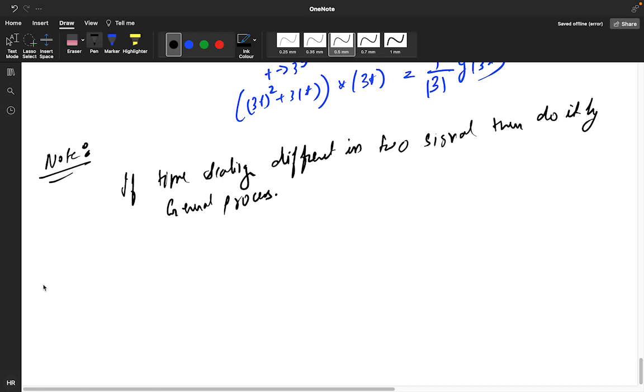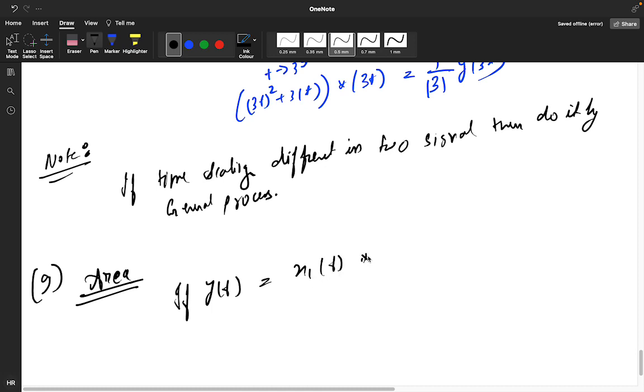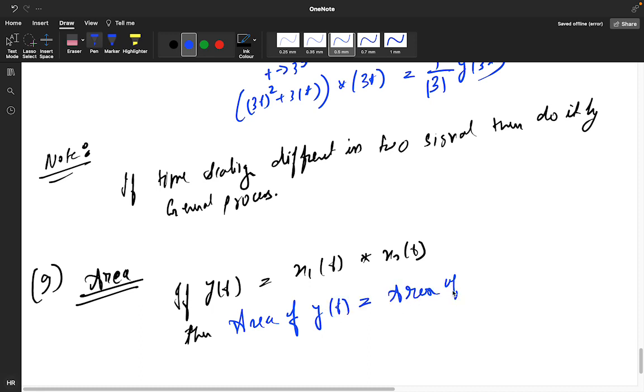So the ninth property is area. If y of t is x1 of t convoluted with x2 of t, then the area of y of t will be the area of x1 of t into the area of x2 of t.